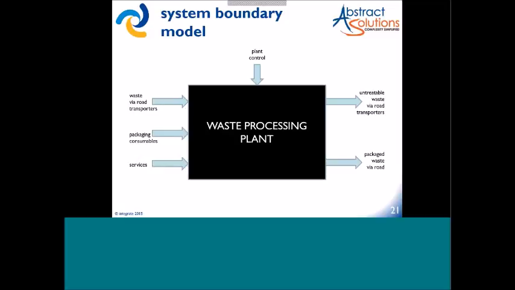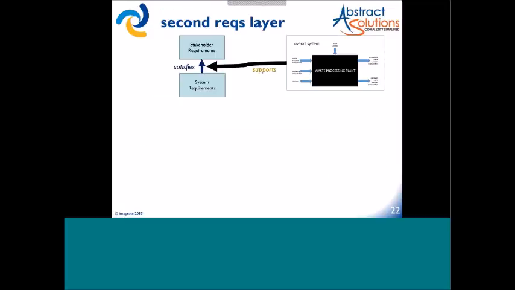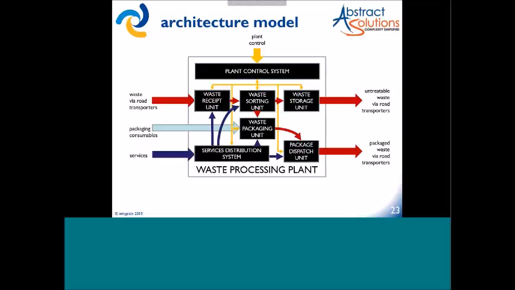And once we've gone through that exercise, we may well be ready to write our next layer of requirements that express more formally that function of the black box, which we've called the waste processing plant. Now, subsequently, for the next layer down, we're going to open up that black box of the waste processing plant. Here it is.